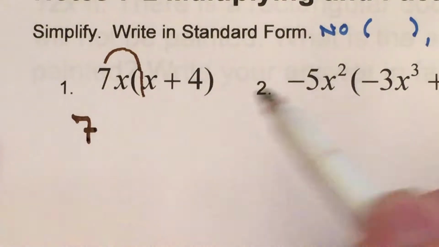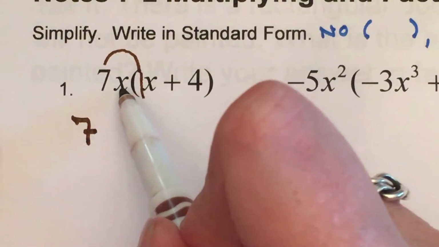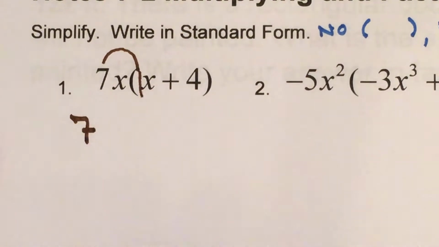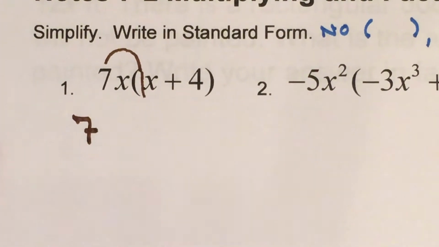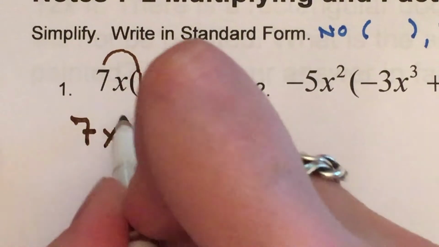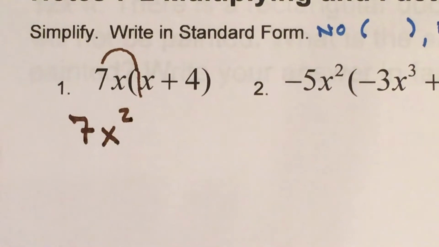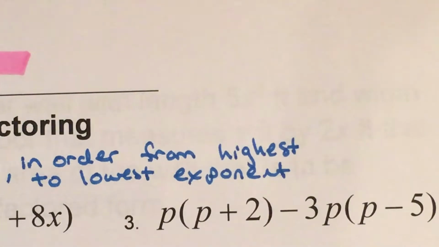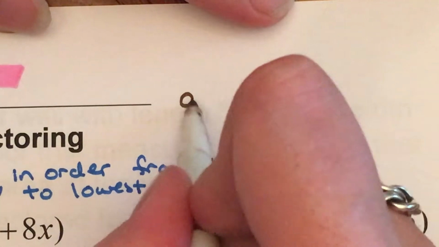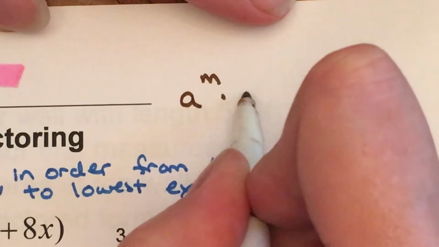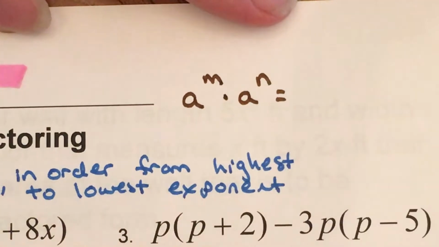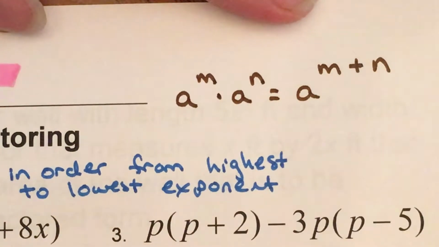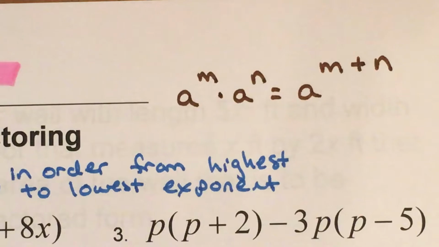Good. And then x times x. What is that? Do you remember? It's x squared. Remember, quick review, we'll write it over here to the side. a to the m times a to the n, that's where you add the exponents together, okay?